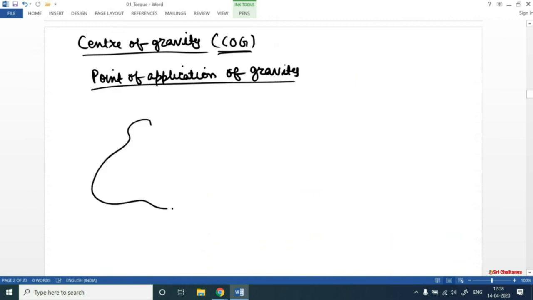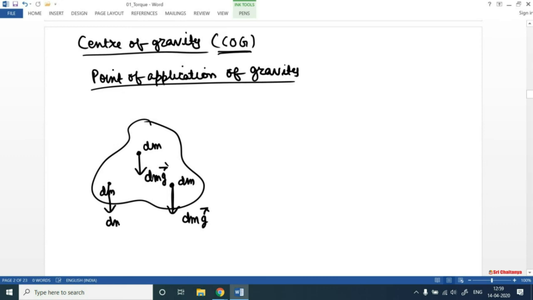Now you see, let's say you have a body with a continuous mass distribution, and it would be made up of small elements, dm everywhere. It would be continuously distributed, and all these elements will be experiencing the weight of their own. Let's say for example dmg and dmg, etc. So if you calculate the net force, this will turn out to be somewhere mg.